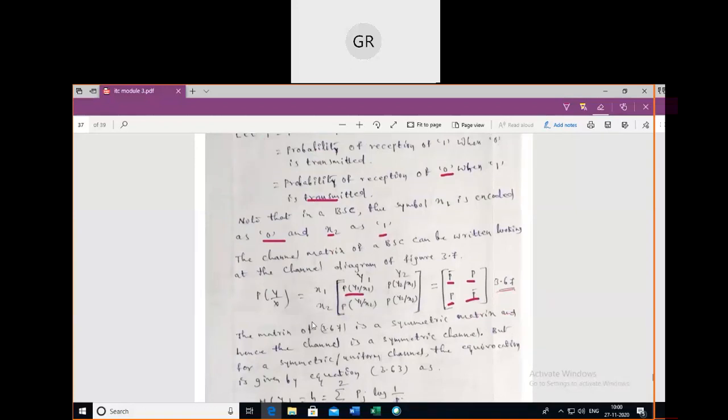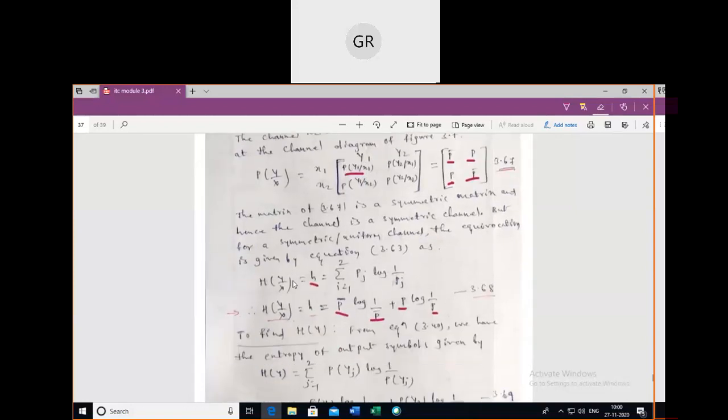How can we write the channel matrix? The channel matrix would consist of conditional probabilities, right? Yes, this is a conditional probability. Already we know these values, P bar, P bar. Then H of Y divided by X is equal to summation of j equal to 1 to 2 Pj log of 1 divided by Pj.